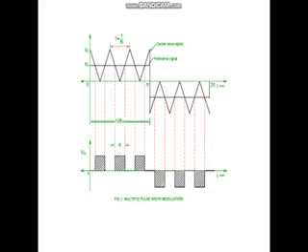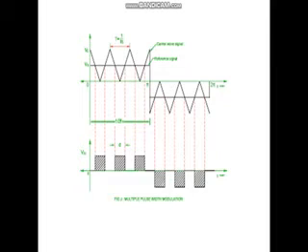These two signals are compared, and based on the comparison, the gate pulses are generated for the positive half cycle as well as the negative half cycle. The gate pulses are given to the semiconducting devices and the output can be properly controlled.